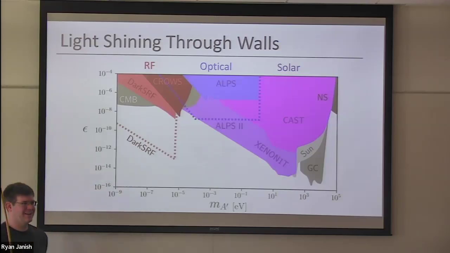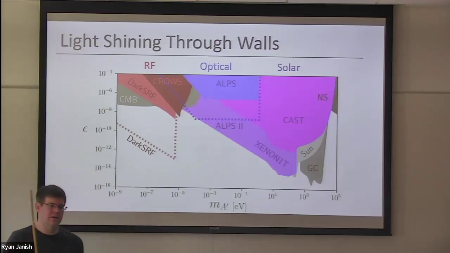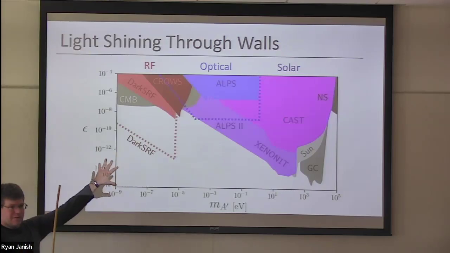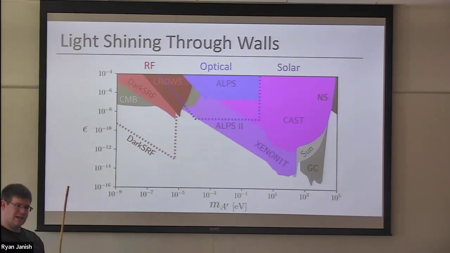Sorry, and when you perform this experiment, do you assume the dark photon is not dark matter? Correct. This experiment is agnostic to whether it could be dark matter or not. We're just interested in whether this exists in the Lagrangian. If these limits apply to dark matter, then even if it was dark matter, you could still make it in the lab. But even if it's not dark matter, it's just in the Lagrangian.